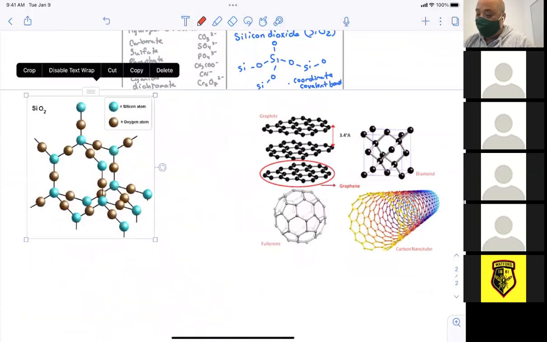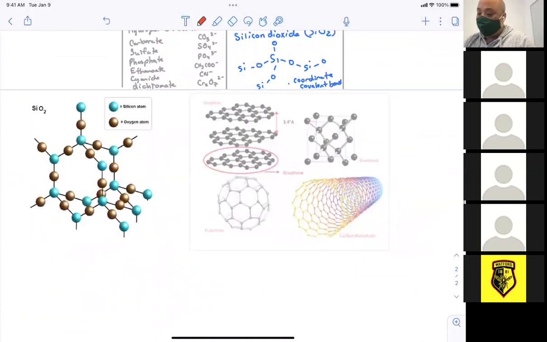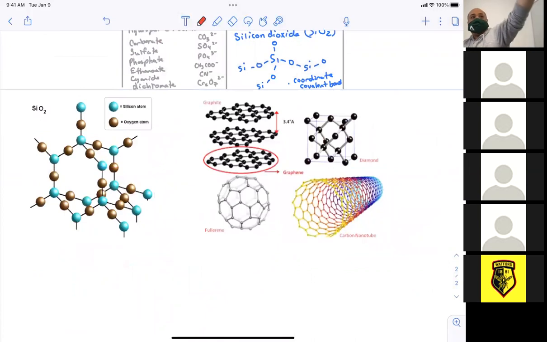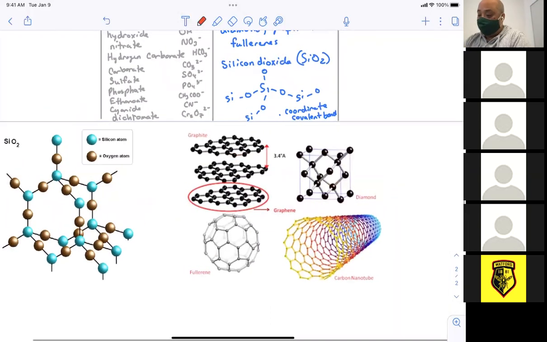Obviously, I don't want you to draw it right now, but you could go back to the notes and download this. It shows the different carbon allotropes: graphite, diamond, fullerene, and then SiO2 in a more colorful, more accurate drawing than mine. This picture helps you understand how many carbons each one is bonded to and what the general shape is. So I would be able to recognize those shapes at least.